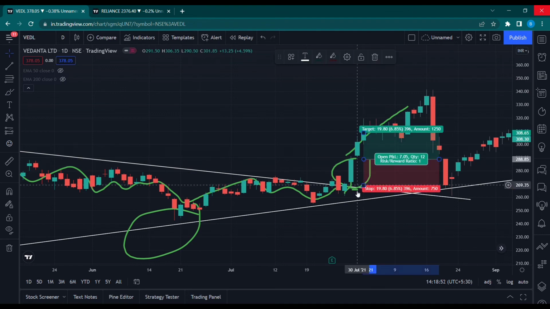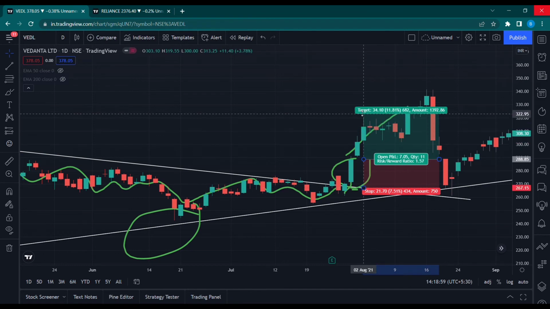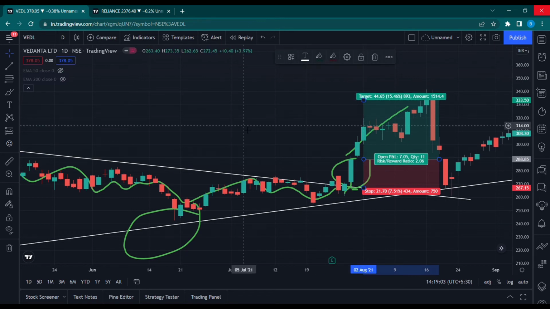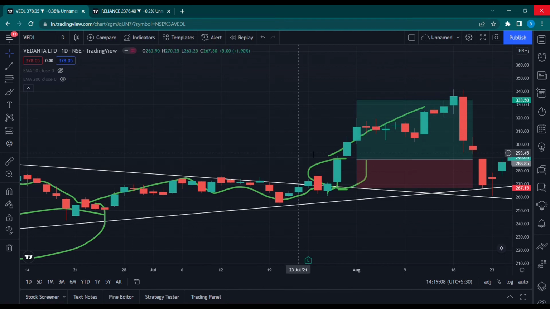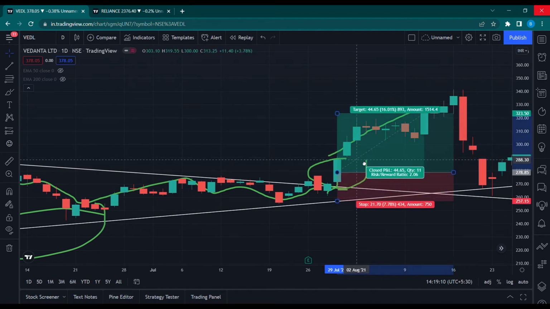So if I were to open, you can target for at least maybe 1:2. So in this case you are getting 1:2. So minimum you can target for 1:2, right? So although the stop loss is fairly large, you can use the hourly time frame to confirm the entry as well.